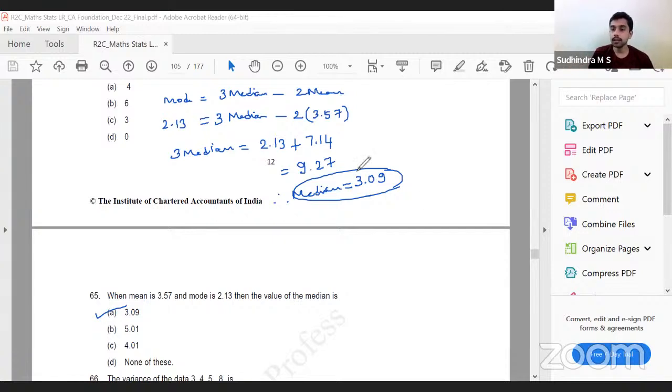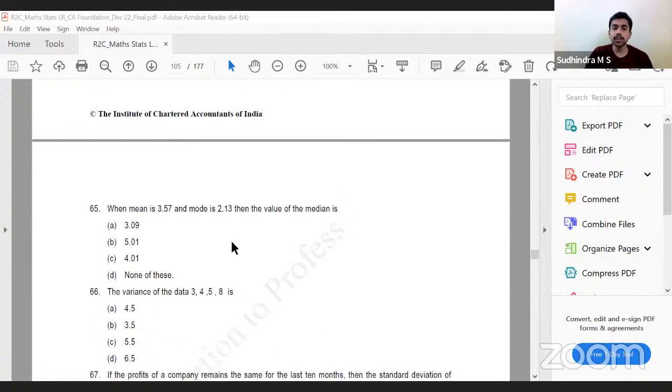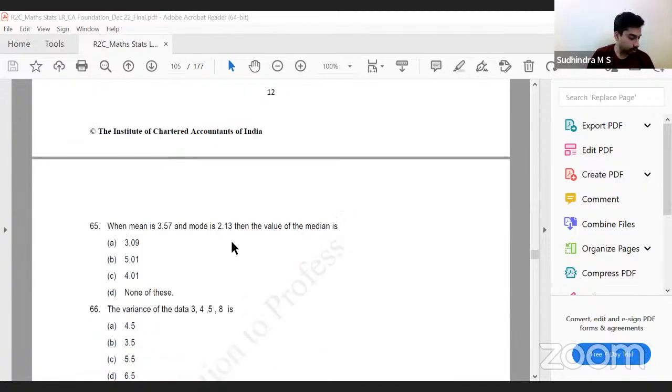Done? Next question. The variance of the data 3, 4, 5, 8. They have given us the values of x: 3, 4, 5, 8. Total of this is 20. Therefore, x bar is 5.